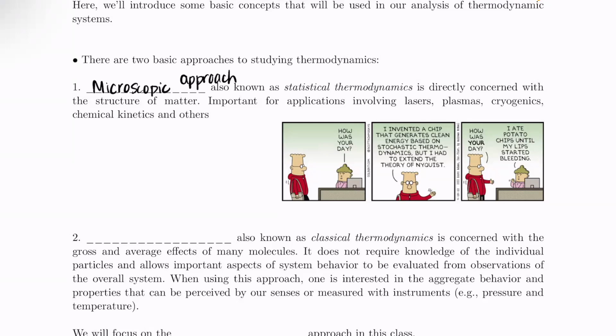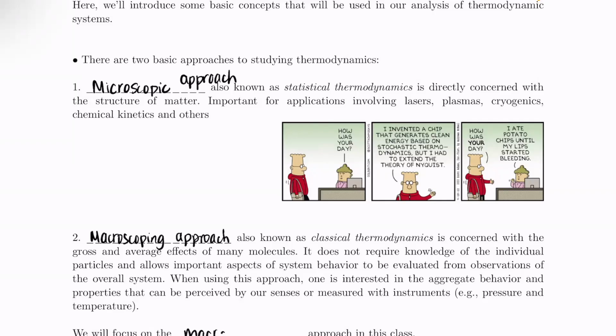And opposite to microscopic is macroscopic. So that is the other approach. All right, and so this is what is known as classical thermodynamics. So that's what we are going to focus on in this class.